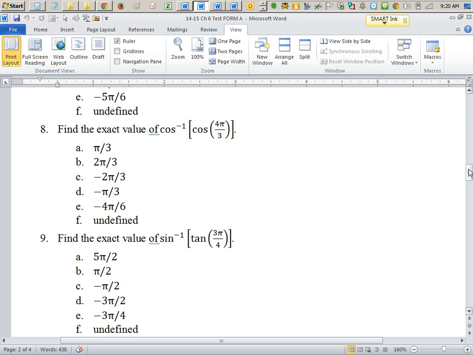Find the exact value. Now, last time we kind of learned a lesson. We're not just going to cross these out, okay? It's better to just work it from the inside out. So if you look at 4 pi over 3 on the unit circle, maybe you did that during your corrections phase, you'll find that this is just negative 1/2. No big deal. But now it's an inverse cosine question, which means you're going to have to look at the right range.